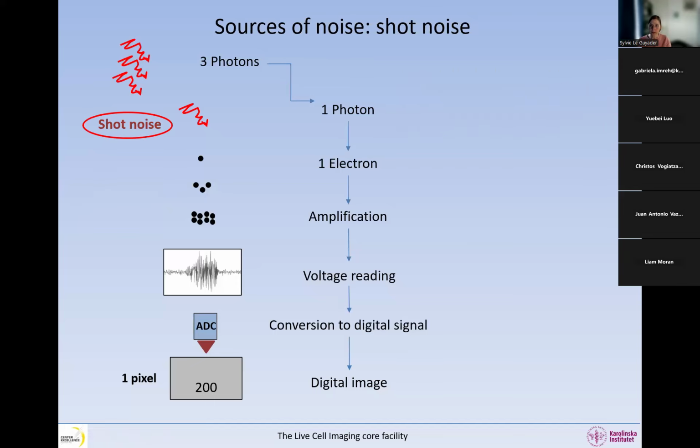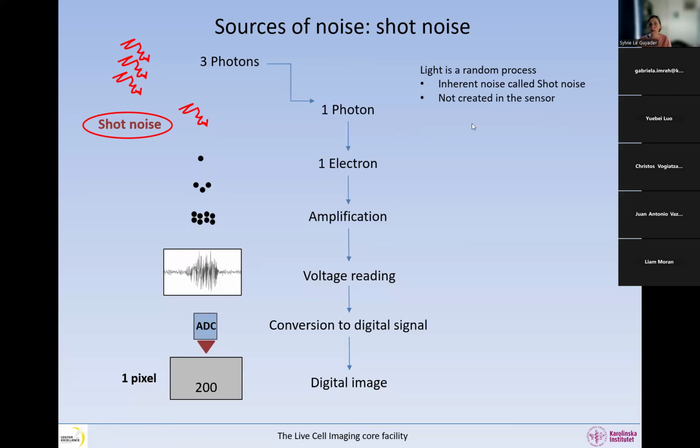The shot noise now, this is very different. That we can control very much. Light is a random process. We get these waves, and we have a probability to get energy, so photons, somewhere. This is the way it works. So because it's a probability, it's a random process. There is an inherent noise called shot noise, associated with the fact that we're working with light, which is a random process.